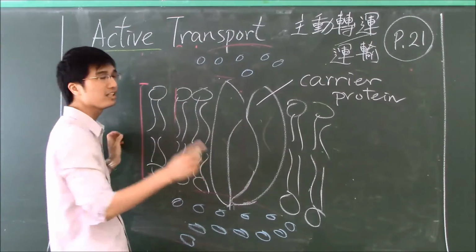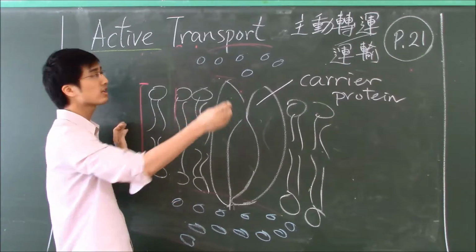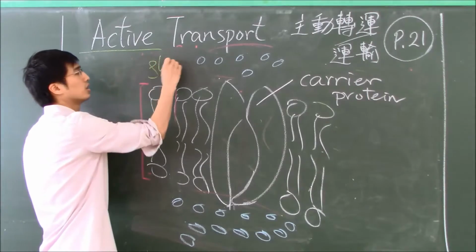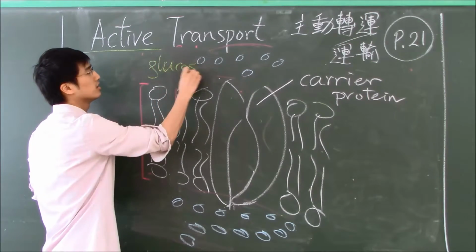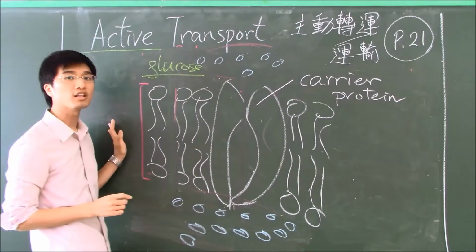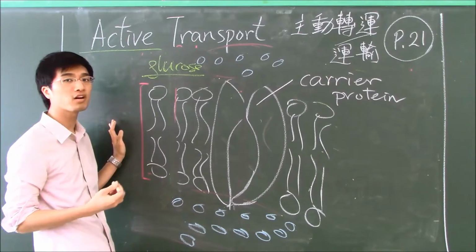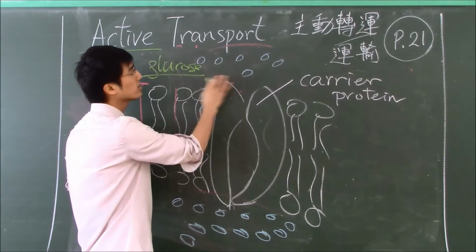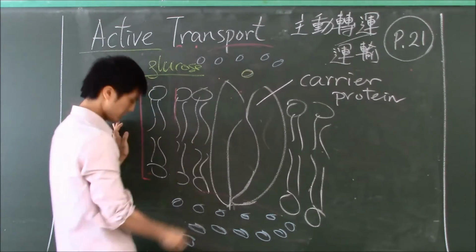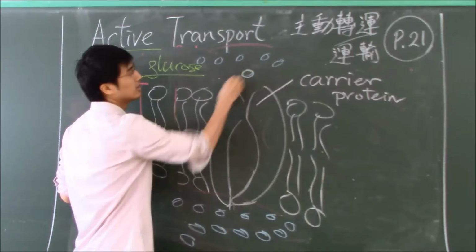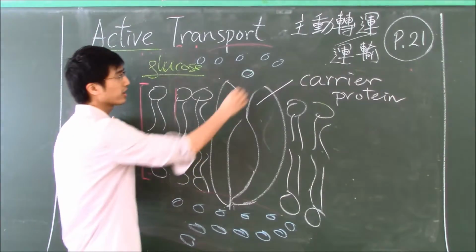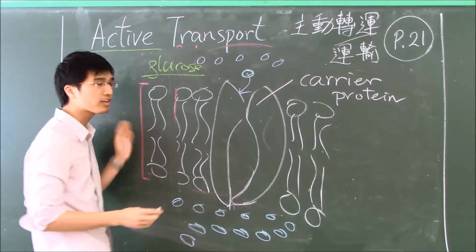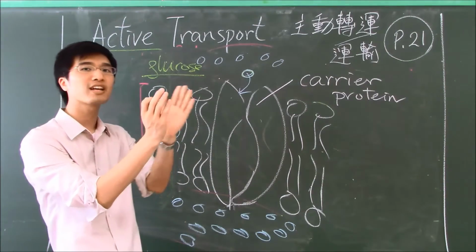So for the carrier protein in this case, I would like to use an example. These blue circles are glucose. Glucose is a kind of useful, important substance for our cell, because glucose is for respiration. These glucose molecules will bind to the carrier protein, and the carrier protein is just like a trap.